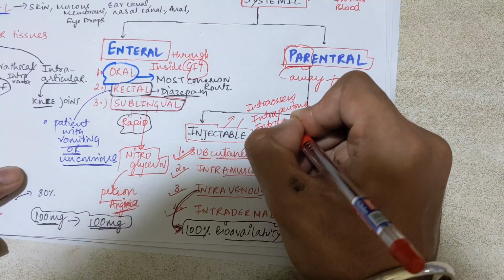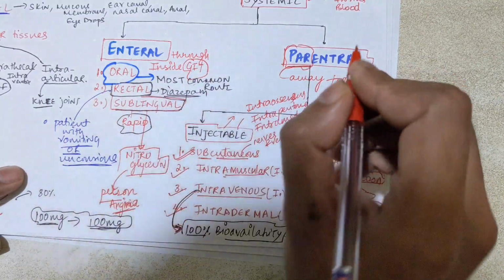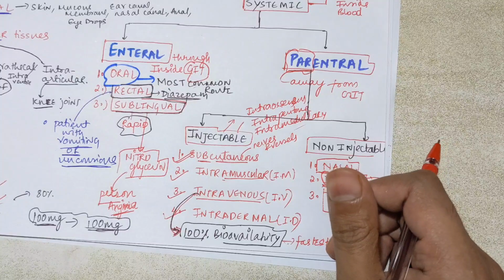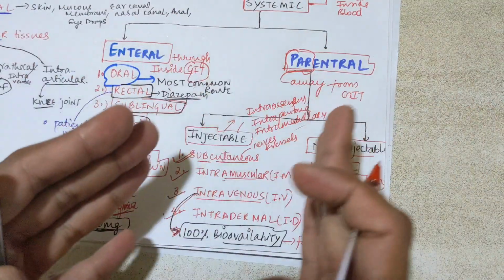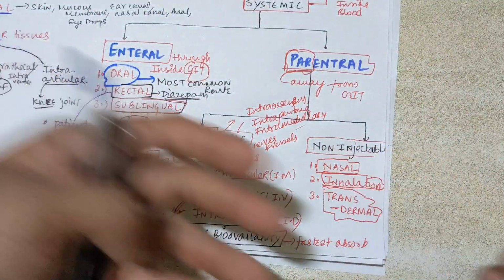These are not so popular or common routes, but you can remember the names: through bone, through the peritoneal cavity, through the medulla. So I think this is the basics, and in later videos we will discuss in detail the enteral routes and the injectable routes, subcutaneous, intramuscular, everything.